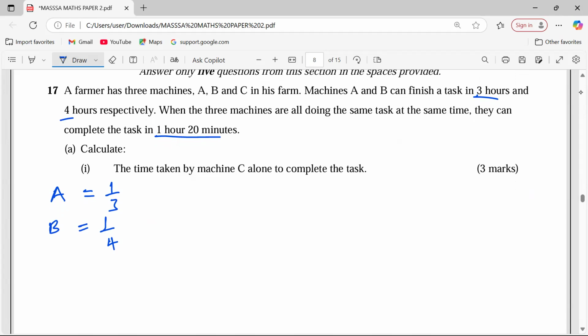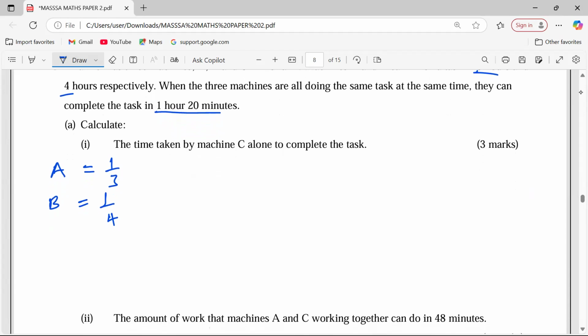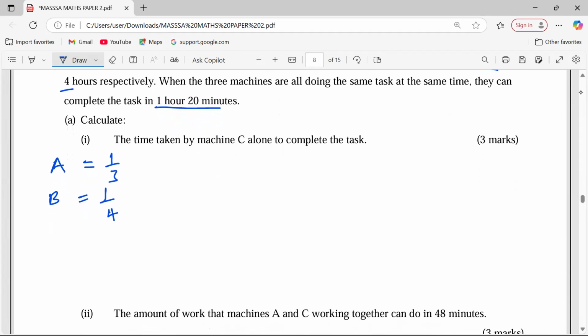Now, with that understanding, we can check, what about the 3 of them? Remember, they take 1 hour, 20 minutes, and 1 hour, 20 minutes can be interpreted into hours. So 1 1/3 hours, which is 4/3 hours.